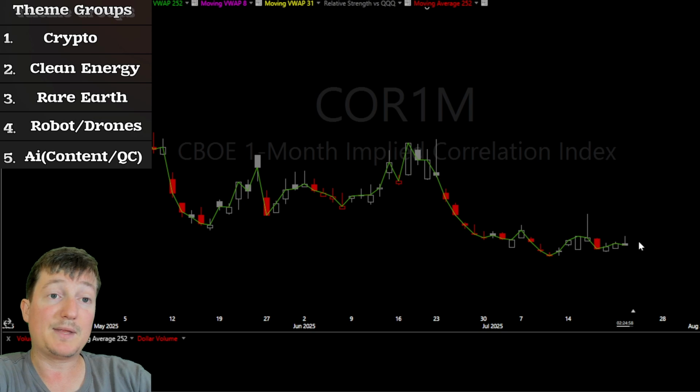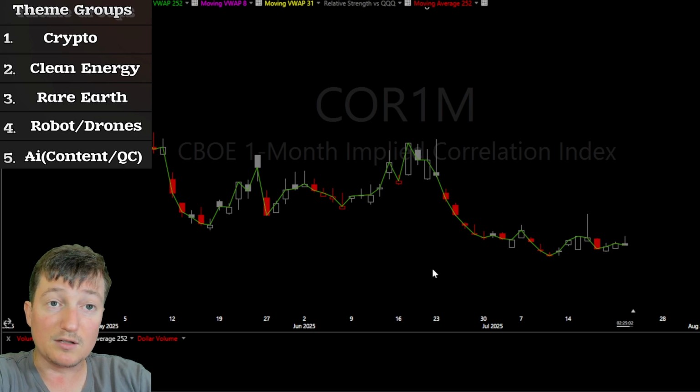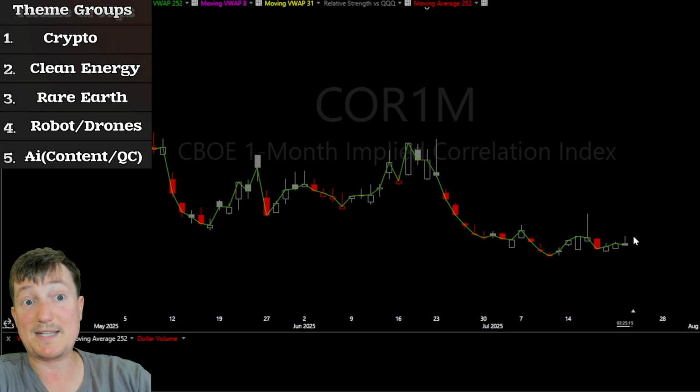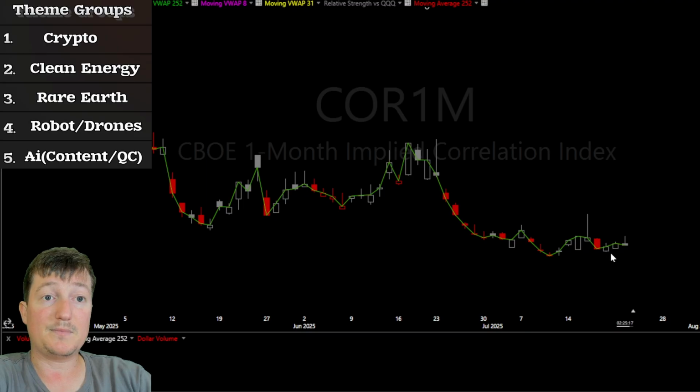But for the meantime, you're pretty safe to be diversified when the correlation is this low, because chances are that if something is going down, something else is going up, and vice versa. So that's why I think having a well diversified portfolio at the moment with some tail risk insurance is a good idea when the correlation is this low.